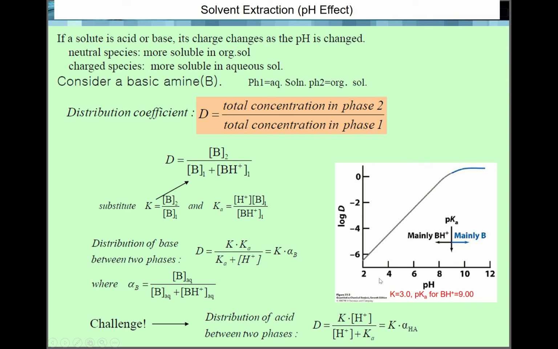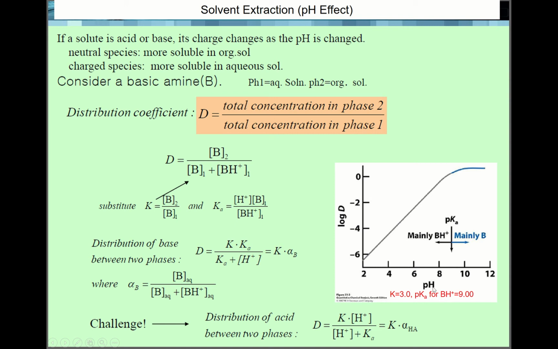At a very acidic condition, the proton concentration is very high, and D becomes smaller and smaller. As pH increases, the proton concentration becomes smaller and smaller, and D also increases with pH change.